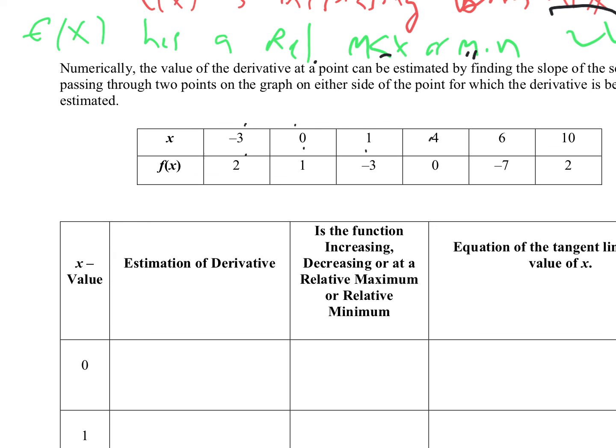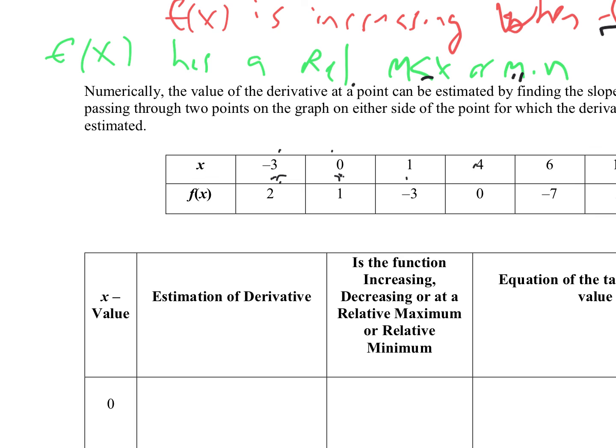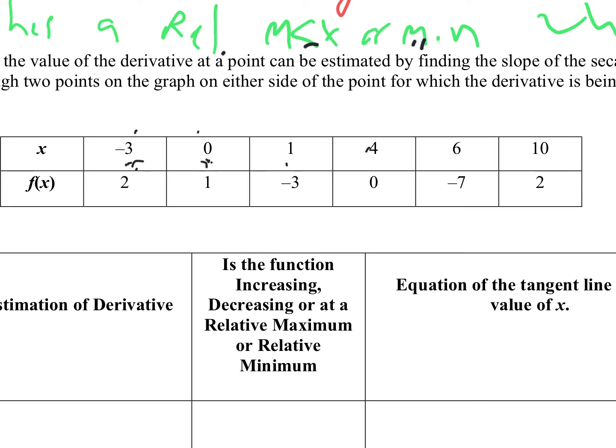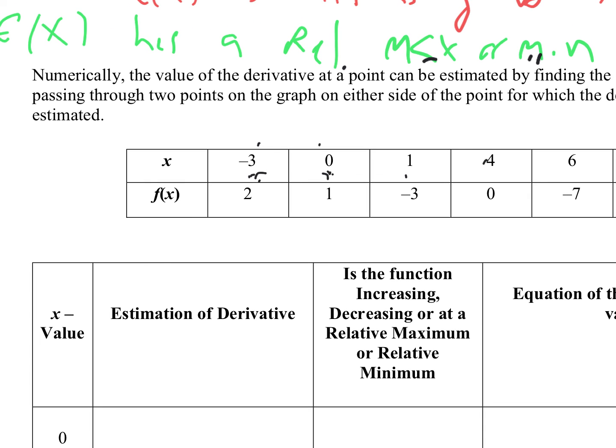I can only guess, based on the behavior of the 2 endpoints before and after negative 2. So numerically, the value of the derivative at a point can be estimated by finding the slope of the secant line. So if I want to find out what the slope was at x equals negative 2, I would go and use this segment here.